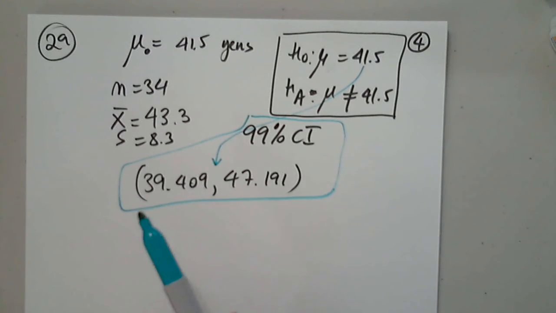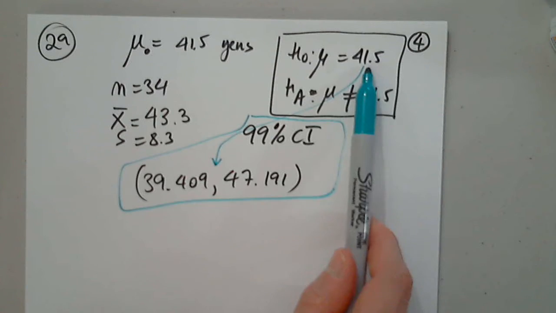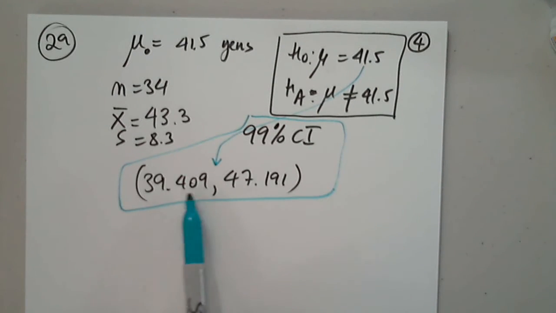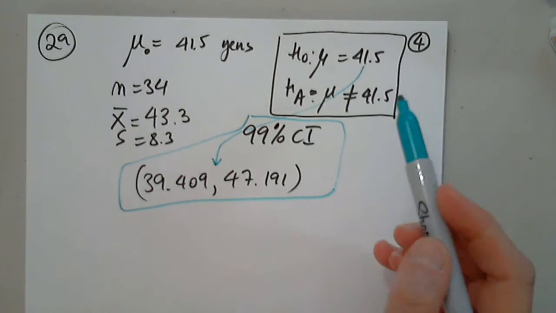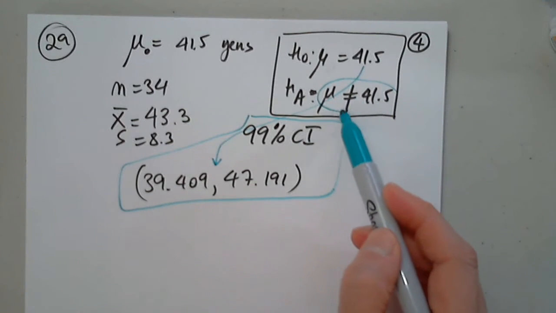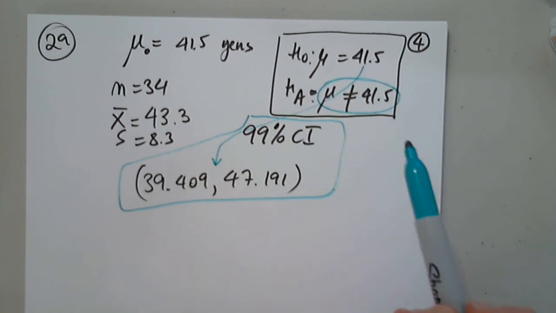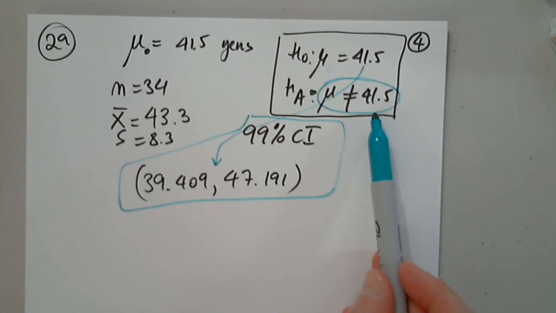Same idea. So 39.409 and 47.191, you see 41.5 is somewhere between these two numbers. We cannot conclude that mu has changed.